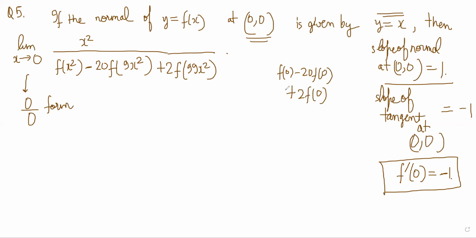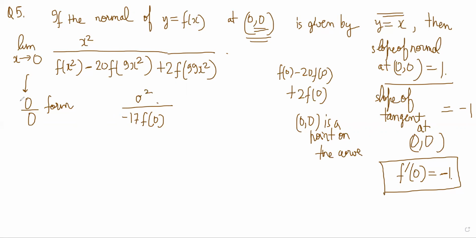And that becomes basically minus 17 f of 0. And we know that f of 0 is 0 because 0 comma 0 is a point on the curve. So the denominator is 0 and the numerator is obviously 0 square. So it is in the 0 by 0 form. Therefore, to find the limit, we can do L'Hopital's rule.